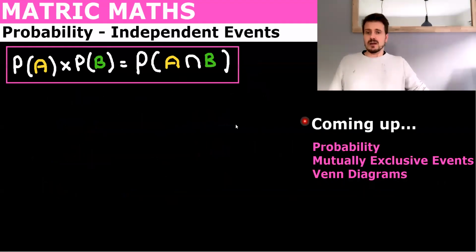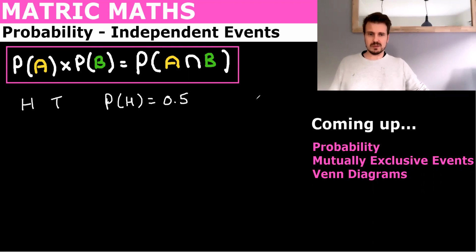So now what I want to talk about is just independent events. This video is mostly about independent events. You might have heard this term before, but maybe don't know what it means. Well, let's take some events. Let's take throwing a coin, right? When you throw a coin, you could get a head or a tail. So the probability of a head is equal to 0.5, so it's 1 out of 2 or a half. Now, say you throw a dice.